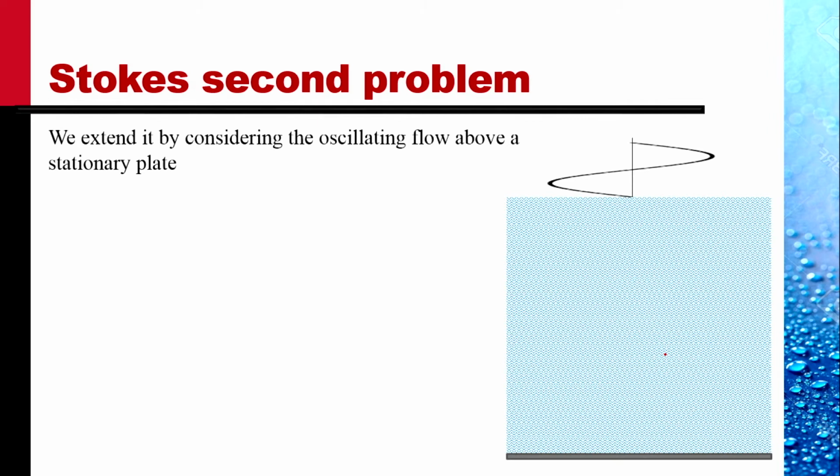We see a slight variation of this problem. In this case, the plate is at rest, but the fluid above it is oscillating with a velocity v equal to v naught sine omega t. The plate, being at rest, tries to slow down the fluid near the plate.